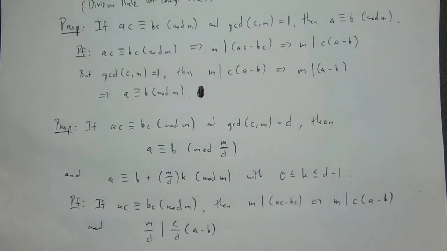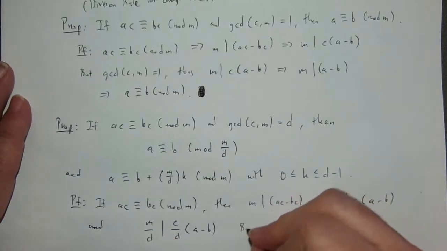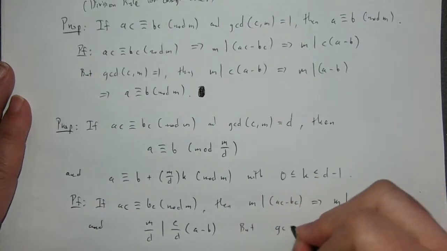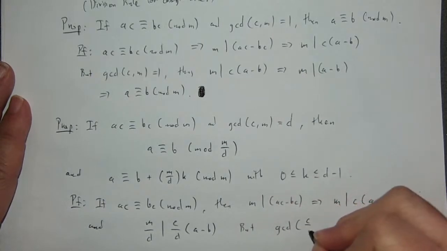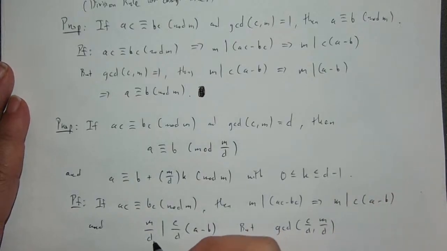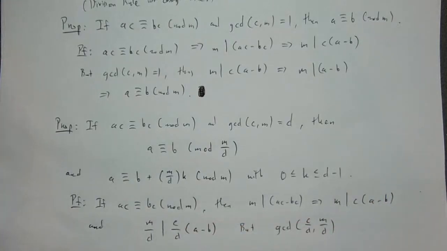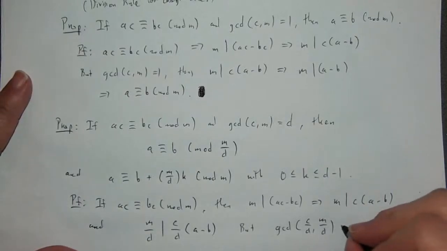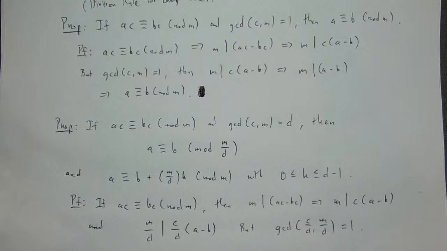But since D is the GCD of M and C, what is the GCD of C over D and M over D? Well, this is 1, right? This is one of those earlier propositions.